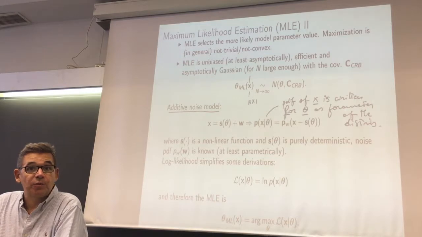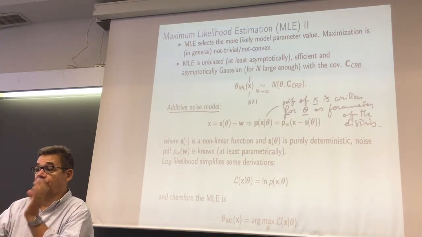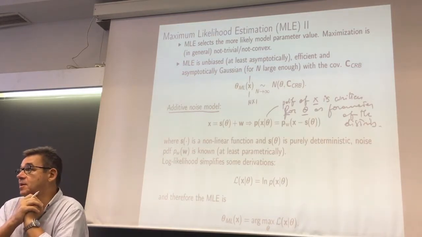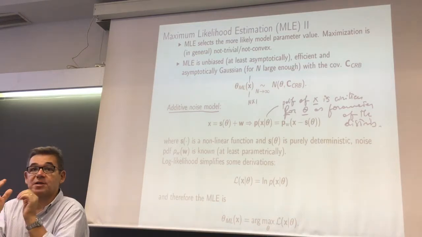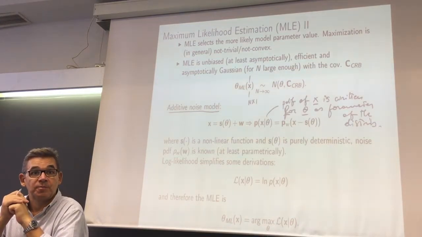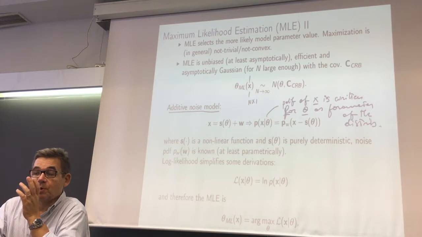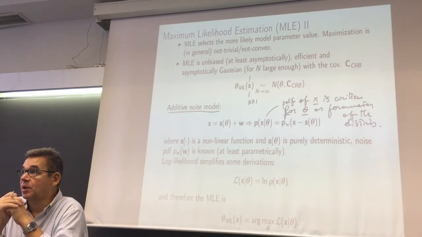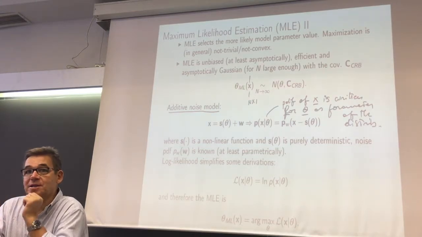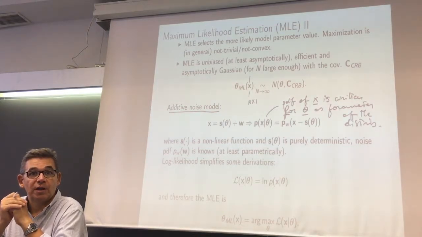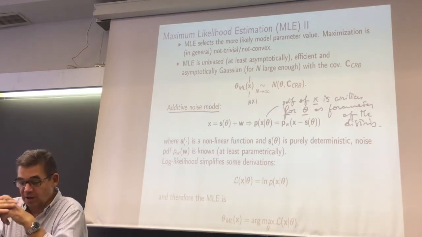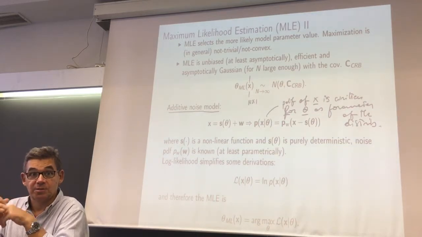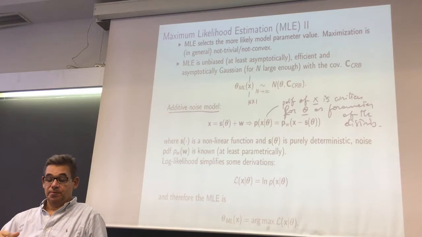Now the good property of the logarithm is that if theta is maximizing the function, it is also maximizing the logarithm. The property can be used because the logarithm is monotonic. So since the logarithm is monotonic, any maximizer of the likelihood is also maximizing the log likelihood. Okay?